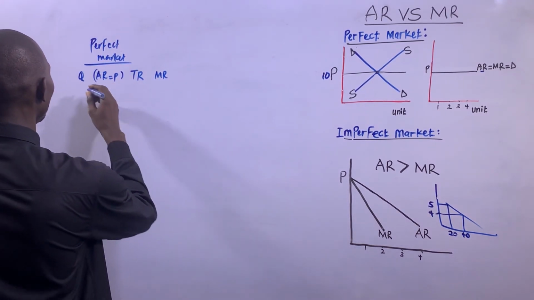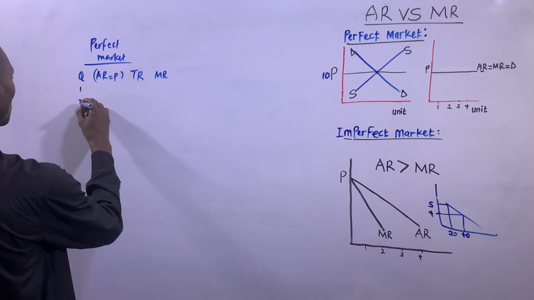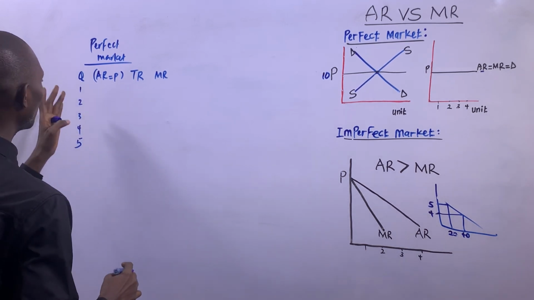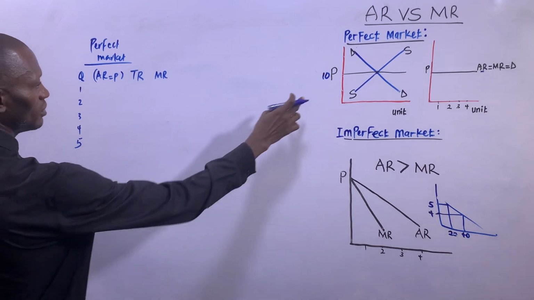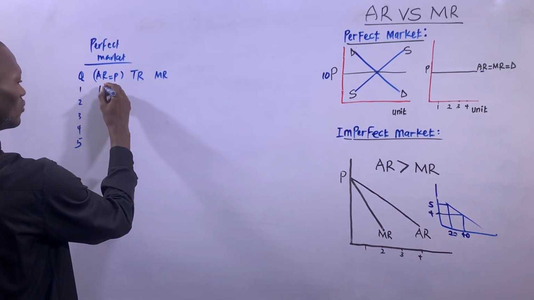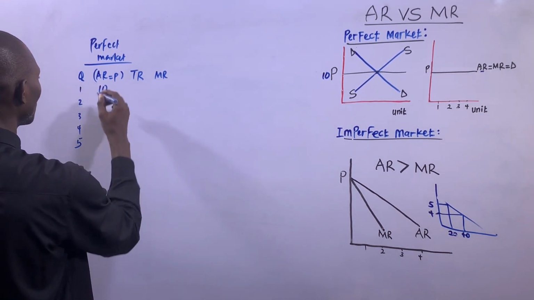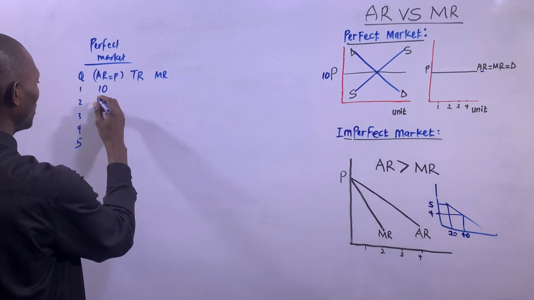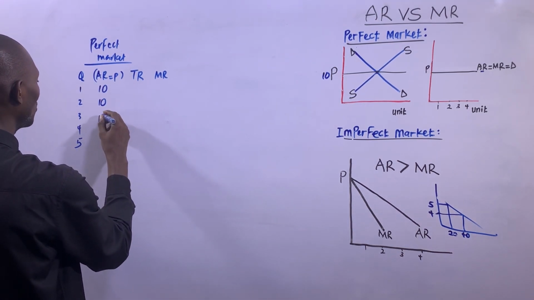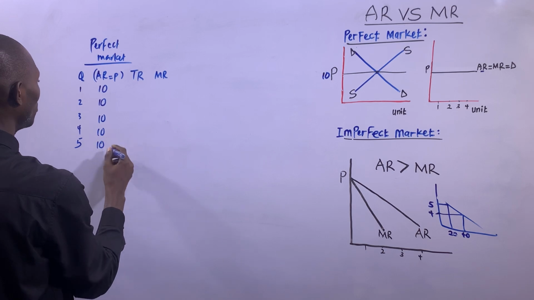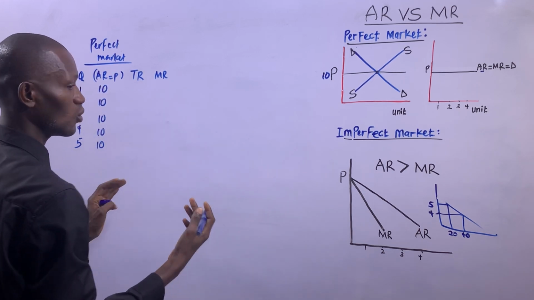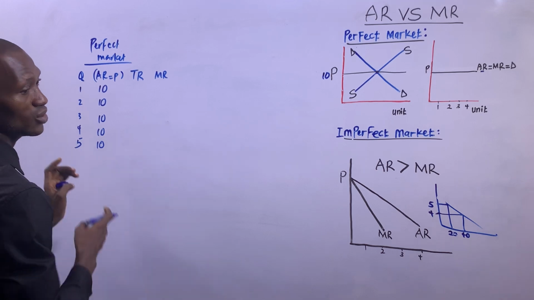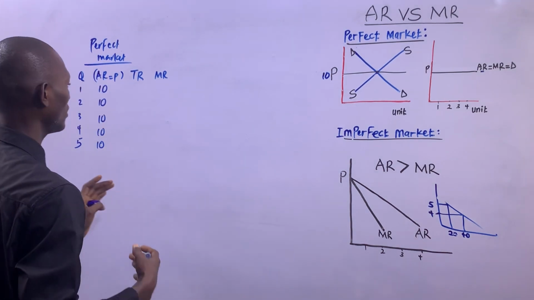So here, let's say we have one, two, three, four, and five. If you want to sell one unit, the price here is, let's say, 10 naira. The price is constant, and the average revenue is the same. You can't do anything to the price. So if you want to increase your total revenue, you have to increase your level of productivity and sell more.